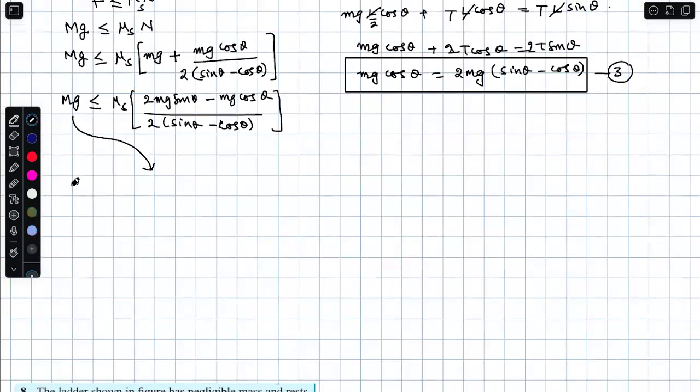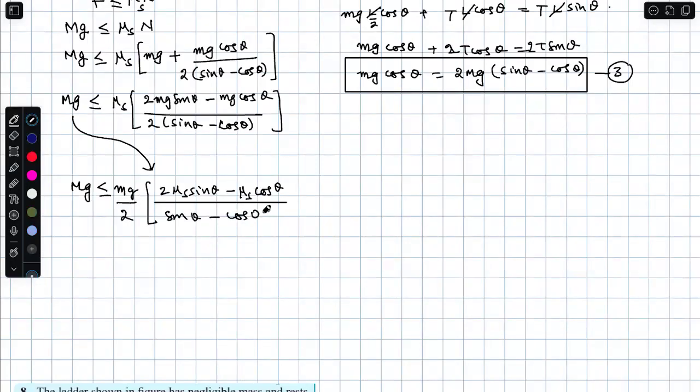So what I got is mg less than or equal to, taking small mg common, (2 mu s sin theta minus mu s cos theta) divided by (sin theta minus cos theta).